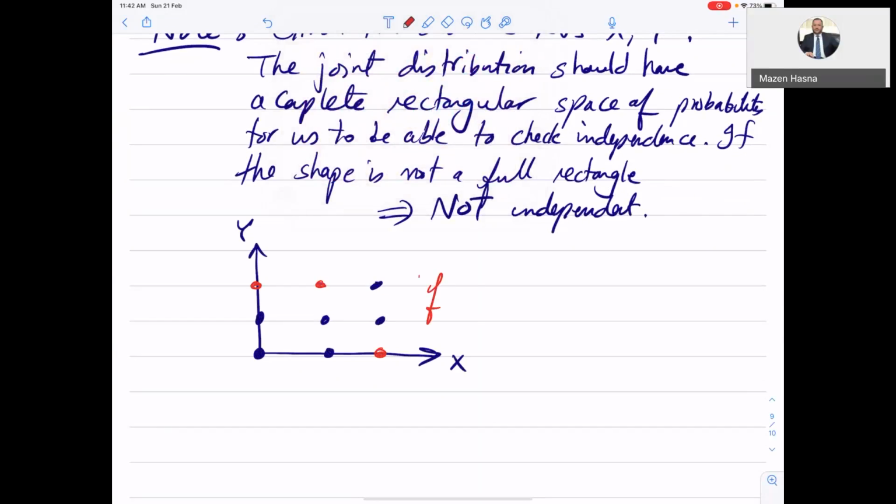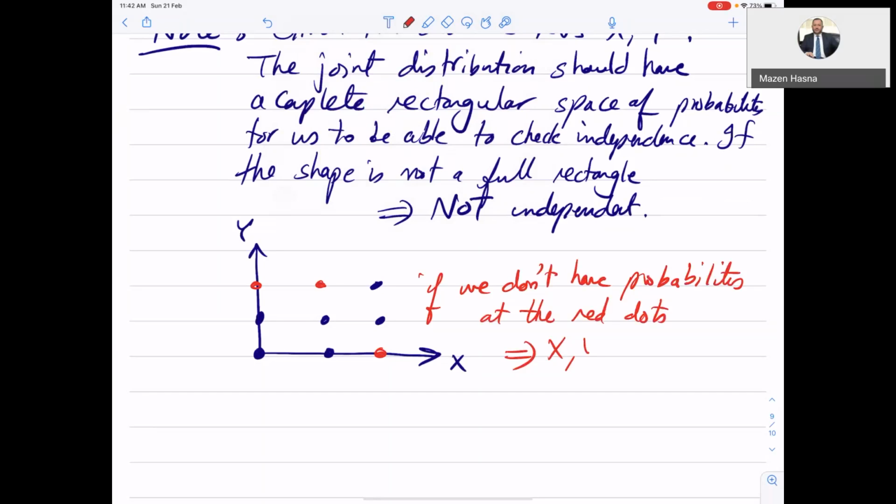So if we do not have probabilities at the red dots, it means x and y are dependent.